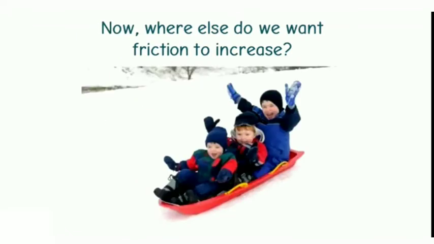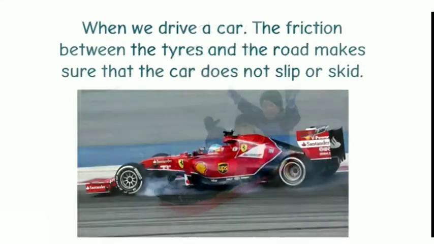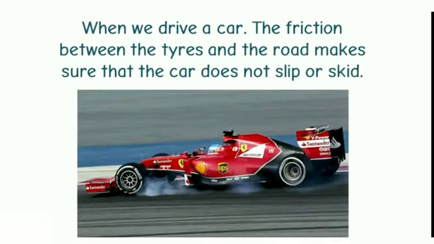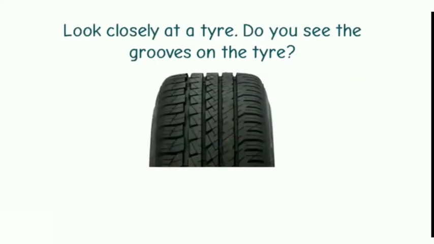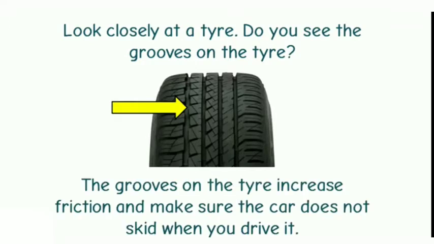Now where else do we want friction to increase? When we drive a car, the friction between the tires and the road makes sure that the car does not slip or skid. Look closely at the tire. Do you see the grooves on the tire? The grooves on the tire increase friction and make sure the car does not skid when you drive it.